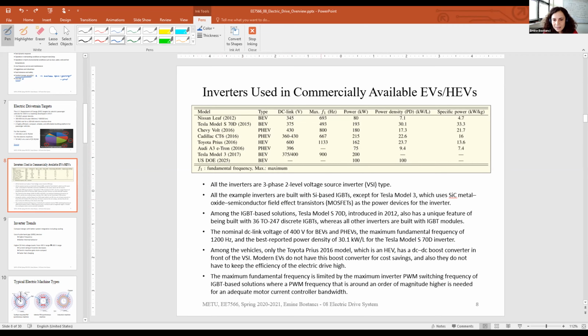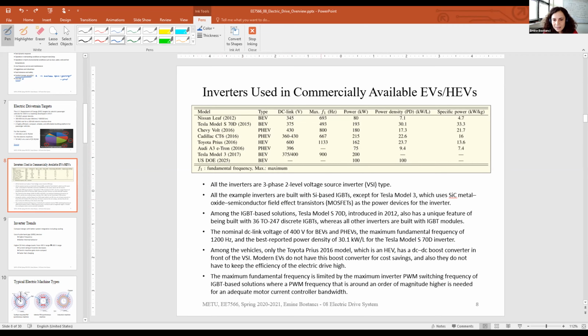At the power level, as a power switch we use IGBTs, except for the Tesla Model 3. Tesla Model 3 is using silicon carbide metal oxide semiconductors, which are MOSFETs when it's silicon carbide. All the others have silicon-based IGBTs.